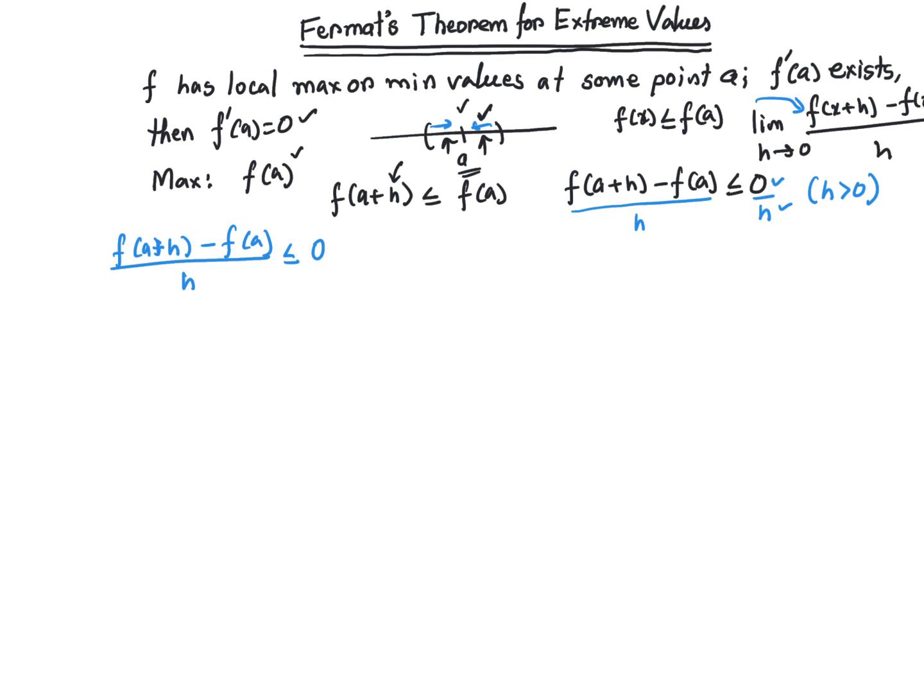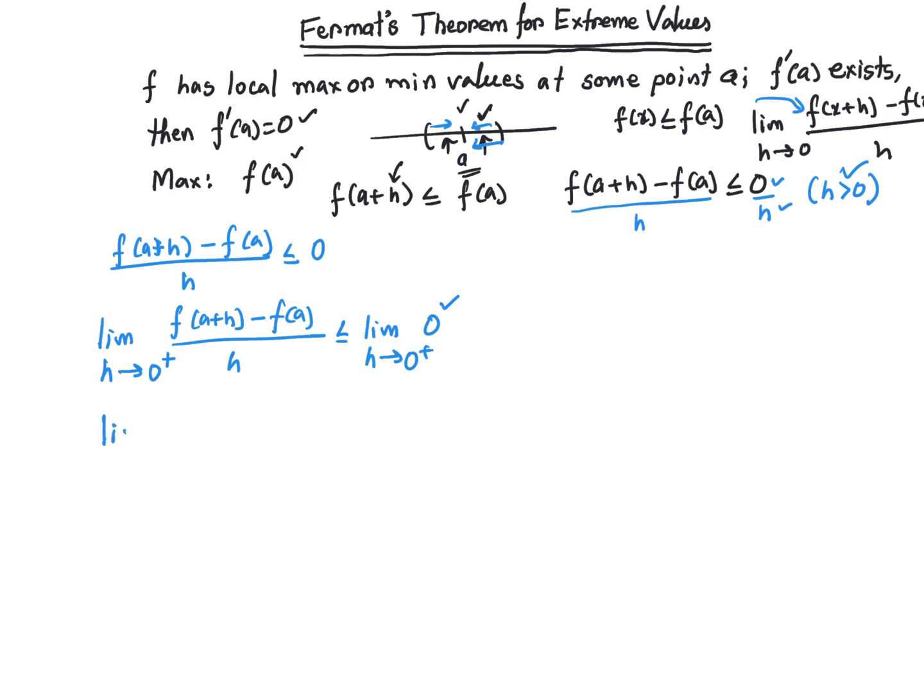Now remember, when h is positive, we are approaching the point A from the right side. So I'm going to apply limit h approaches 0 from the positive side, f of A plus h minus f of A divided by h is less than or equal to limit h approaches 0 from the positive side of 0, but this is constant, so nothing is going to happen here.